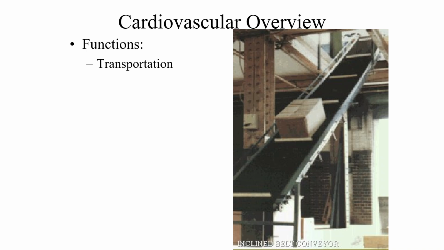So it's very important for the movement of oxygen and carbon dioxide to and from our tissues. When we think about the role it plays with the digestive system, nutrients and other molecules can be picked up in our blood vessels and carried to various parts of the body. And when we think about the excretory function, it can carry metabolic waste to the kidneys to be excreted from the body.